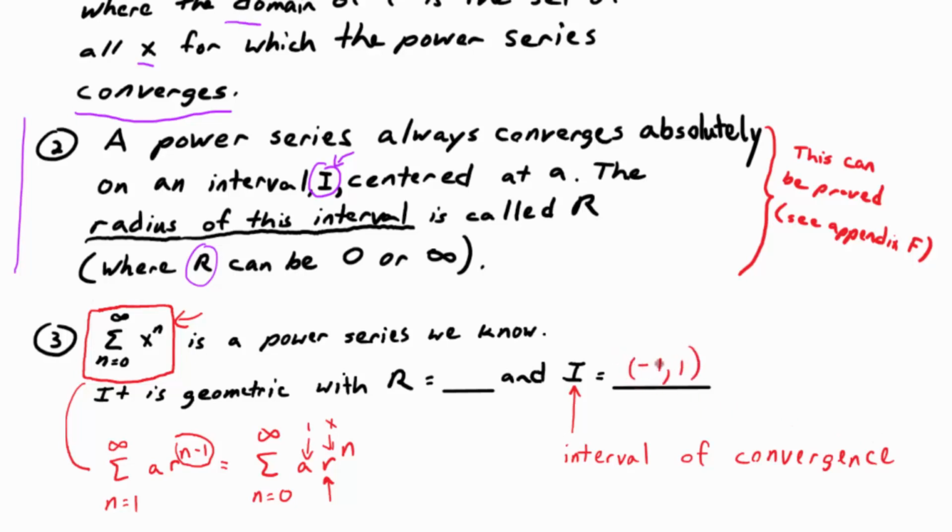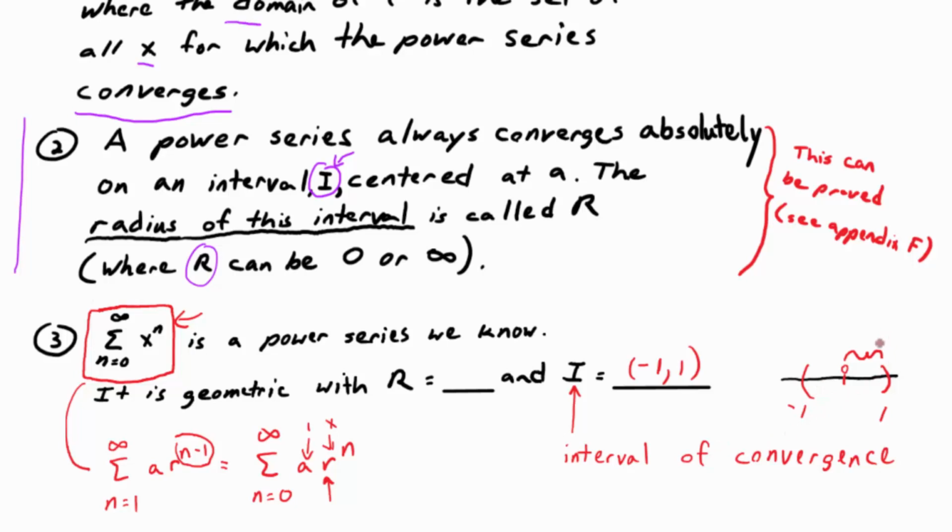So think of the number line. Think of this interval as a one-dimensional circle. So negative 1 here, 1 here, of course 0's in the middle. So the interval from negative 1 to 1, what's the radius of that interval? 1. The length of the interval is 2. That would be like the diameter if this were a one-dimensional circle.